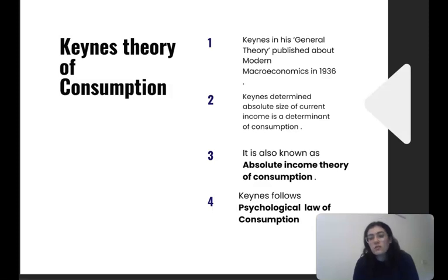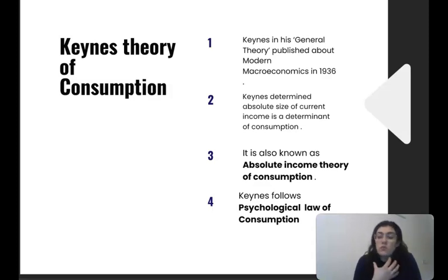This is the absolute income theory of consumption. It says that it is the current size of income which determines the level of consumption.